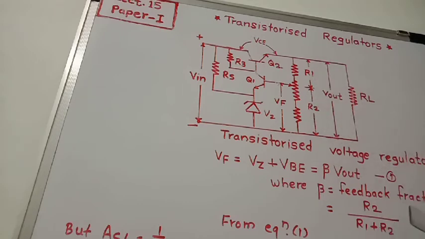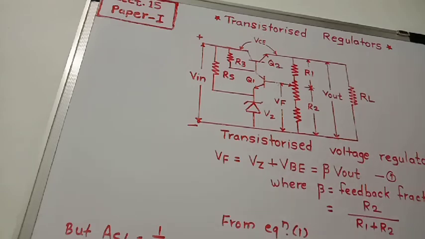Okay, so here Vout is equal to Vz plus Vbe divided by beta, but 1 upon beta is equal to ACL, that is closed loop gain of amplifier. So since 1 upon beta is equal to ACL, therefore Vout is equal to ACL in bracket Vz plus Vbe.